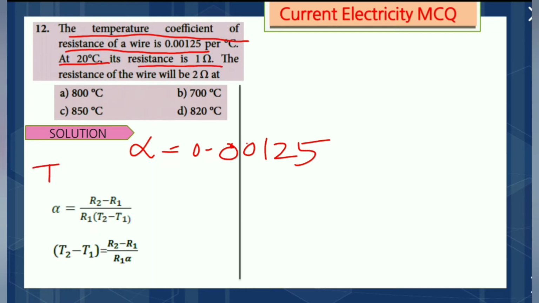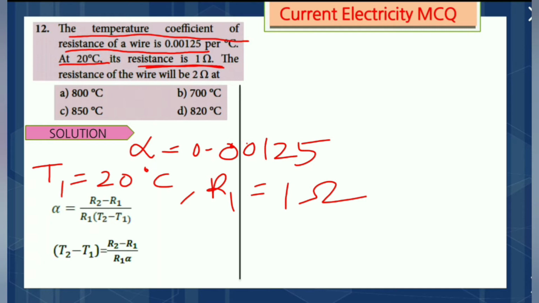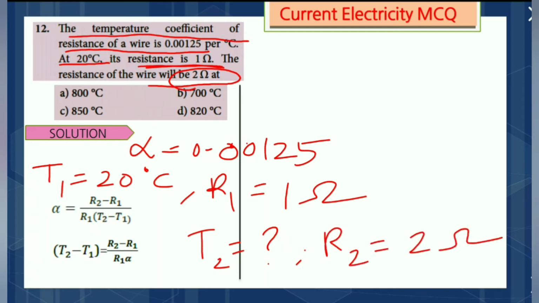Let us consider the initial temperature T1 is 20 degree Celsius. At that time, the resistance R1 becomes 1 ohm. The resistance of the wire is 2 ohm at temperature T2. What is the temperature T2 when the resistance of the wire is 2 ohm?